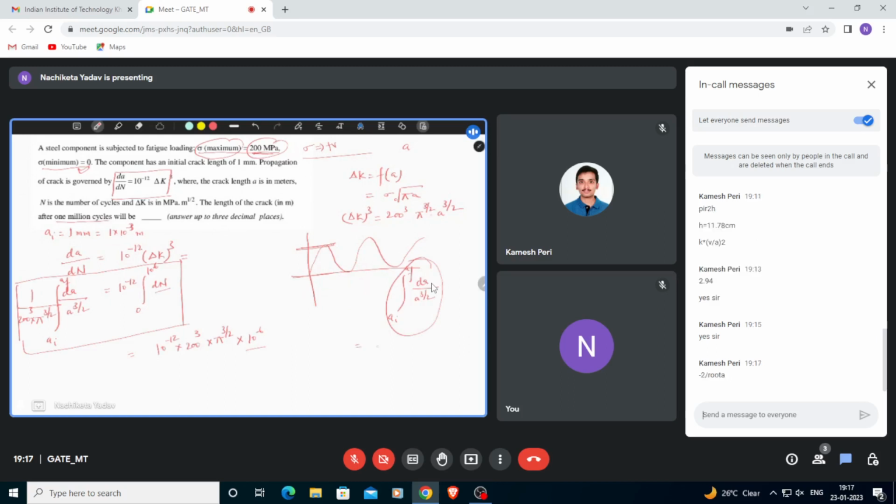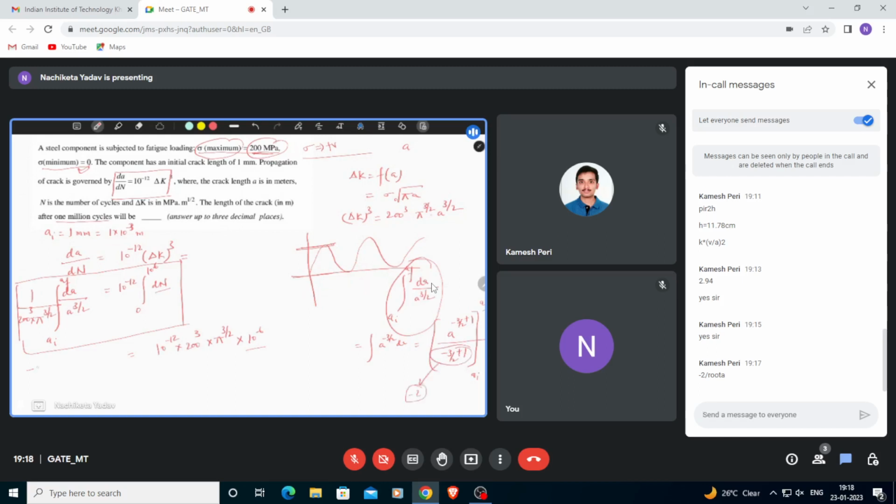We can write a to the power minus 3 by 2 dA. So it will be a to the power minus 3 by 2 plus 1 divided by minus 3 by 2 plus 1, and it varies from ai to a. So this is constant, so it will come out, this will be minus 2.